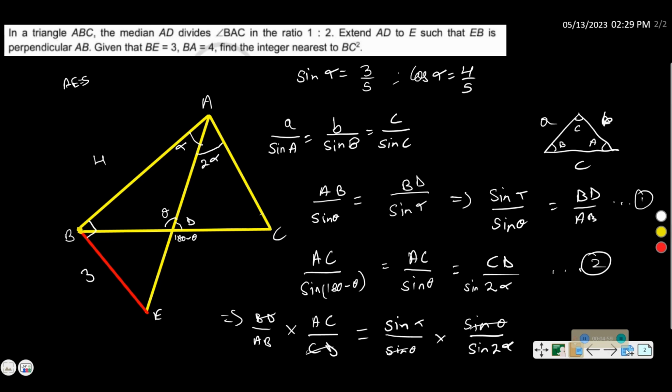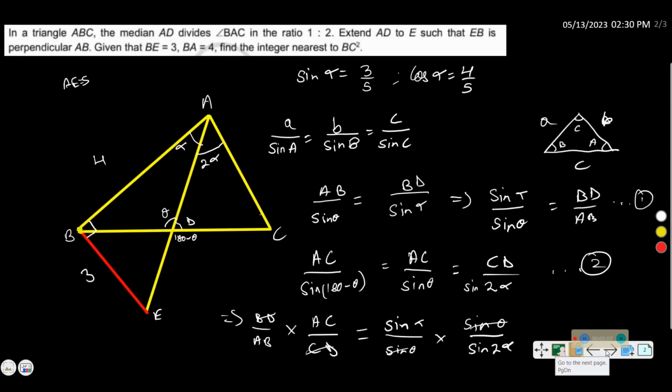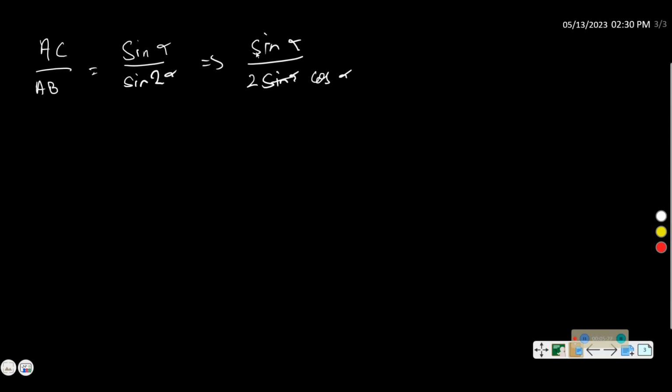Now moving on, we can say that AC by AB equals sine alpha by sine 2 alpha. We know that sine alpha by sine 2 alpha can also be written as sine alpha by 2 sine alpha cos alpha. Sine alpha cancels sine alpha.